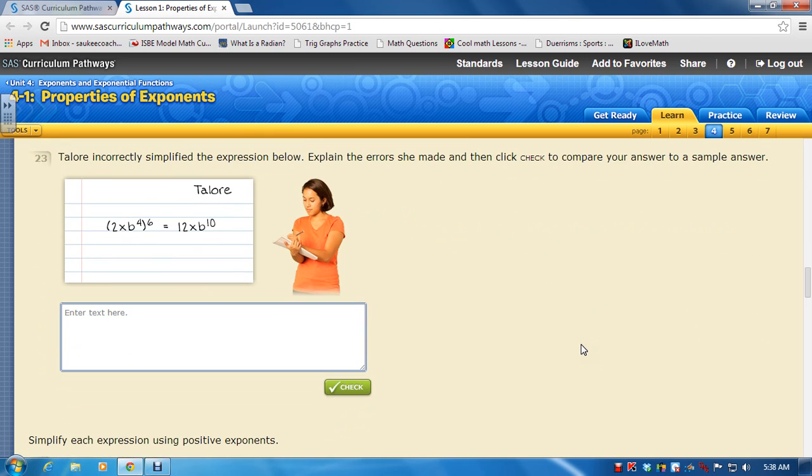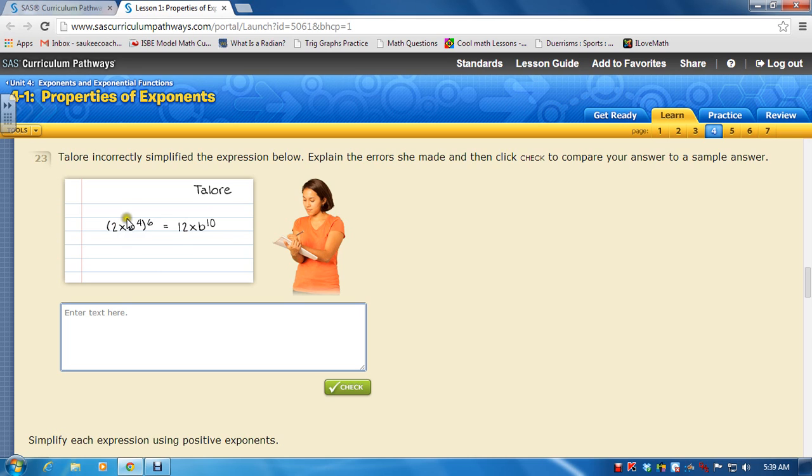Okay. So what did they do incorrectly down here? I've got a 2xb to the 4th. What should this 6 apply to? First off, does it apply to just the 2 or just the x or just the b? No, it should apply to everything. Okay. So they actually did a couple things incorrectly. They didn't apply the 6 to any of the other pieces.